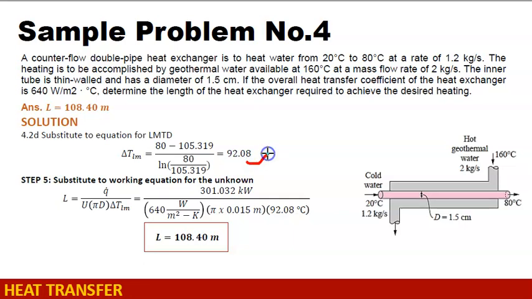Substituting LMTD and Q to our working equation established in step number 3, we can solve for the length as 108.4 meters. So there is a need to make the length 108.4 meters to achieve this desired heating from 20 to 80 degrees Celsius.